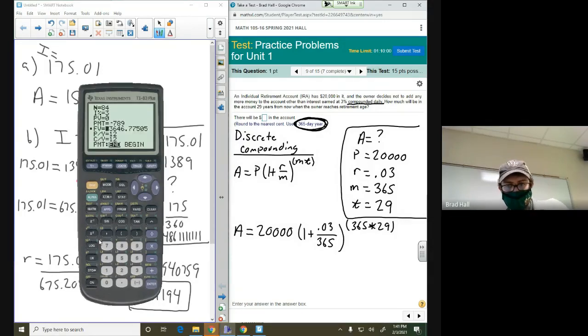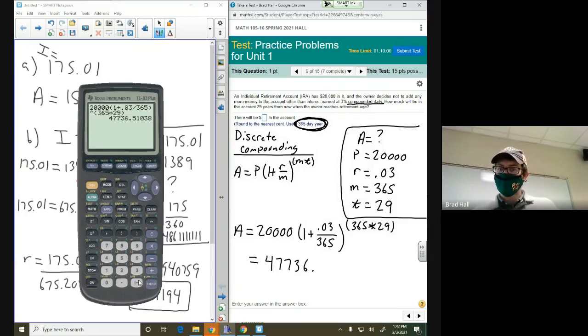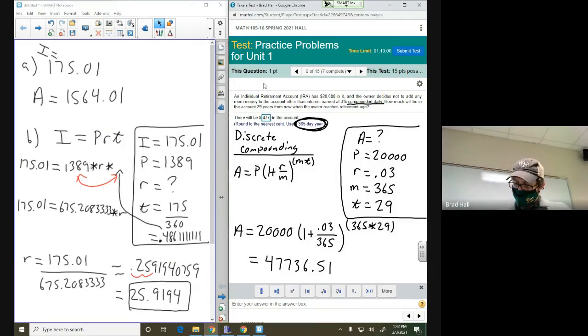So we just plug everything into the calculator. 20,000 parentheses 1 plus 0.03 divided by 365, caret, more parentheses, 365 times 29. $47,736.51.